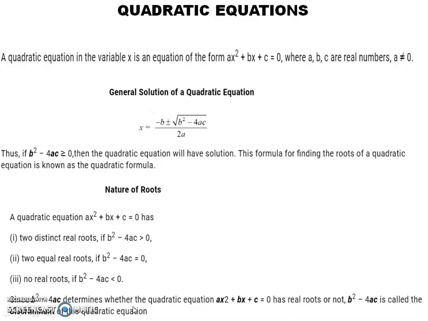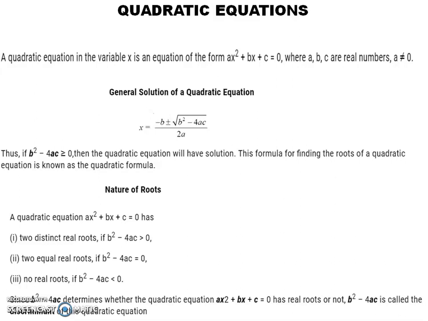Discriminant. What is discriminant? B square minus 4ac is known as the discriminant of the quadratic equation ax square plus bx plus c equal to 0.